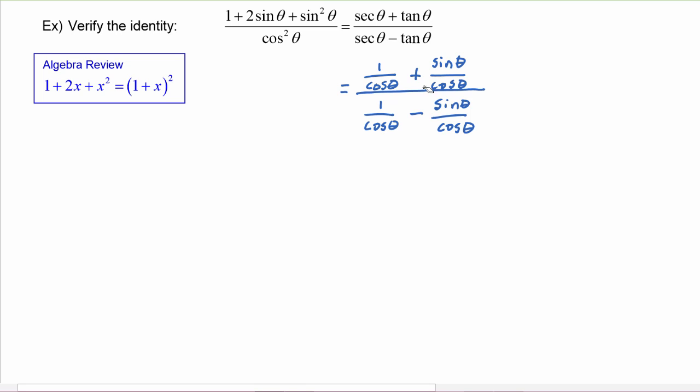because all of these have cosine in the denominator. So when we clear out our complex fraction here, we're going to multiply by our LCD over itself. So we have cosine theta over cosine theta.